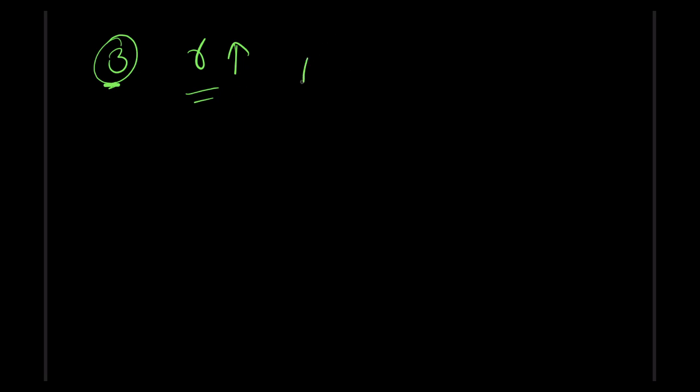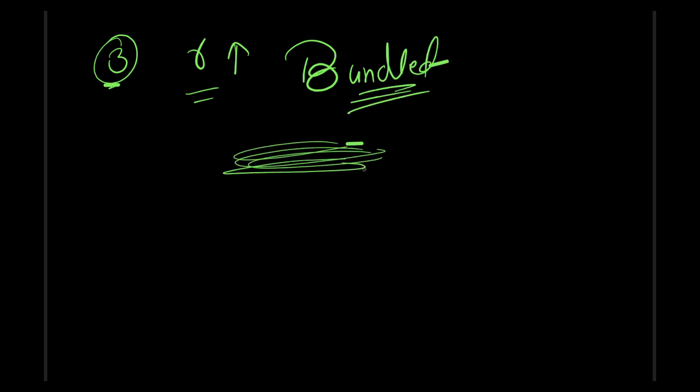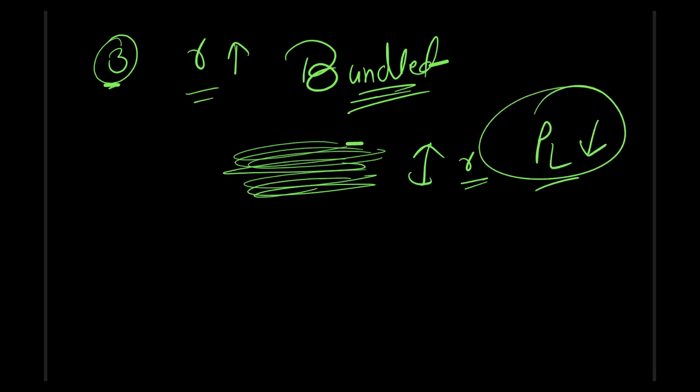So we can use a bundled conductor. In this case, the effective radius of the conductor will be increased. From this, the power loss or corona loss will be lesser. So these are some factors on which the corona depends.